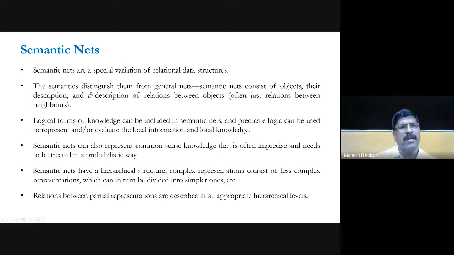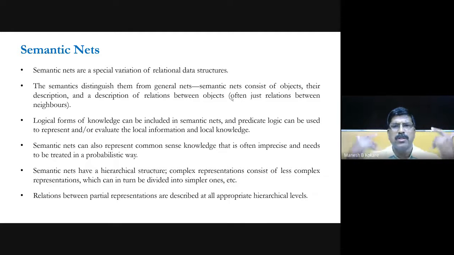and the semantics distinguish them from general nets. For example, a semantic net consists of the objects, their descriptions, and the description of relations between the objects. As I said, if you consider the face, in the face you have ears, eyes, nose, lips and chin.